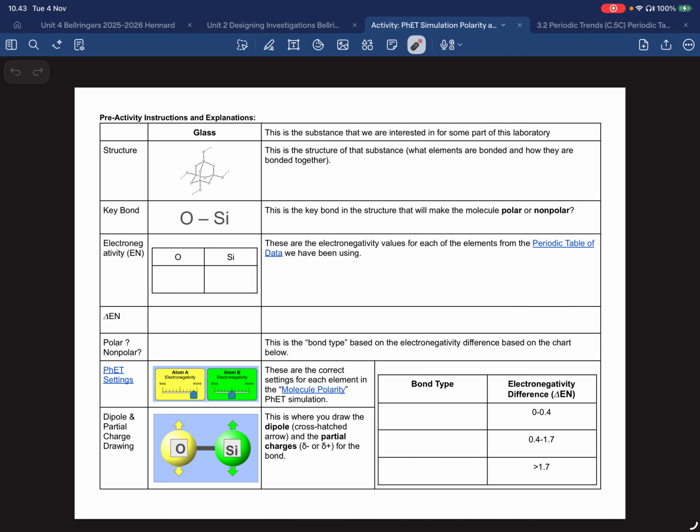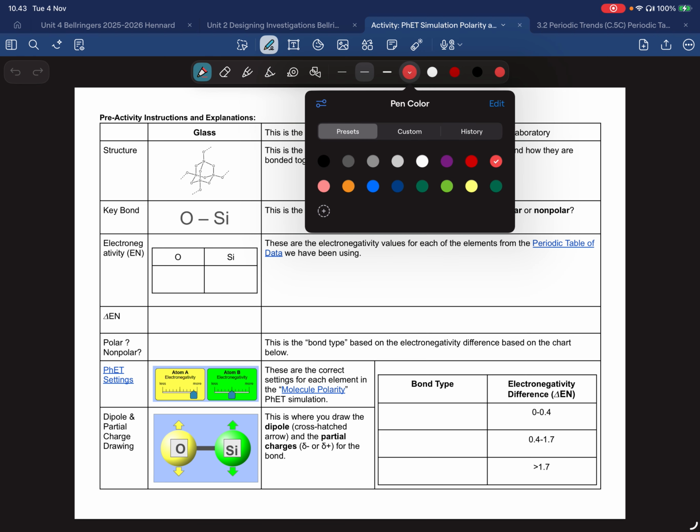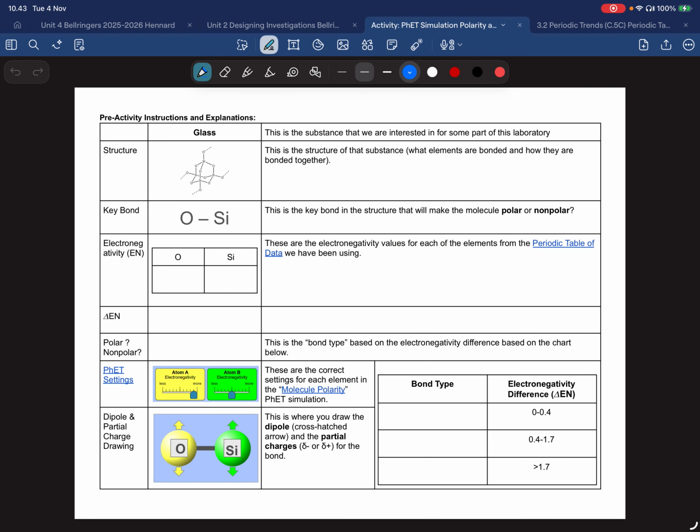All right. So this is all about bonds and polarity, and it's all based on electronegativity. If you recall from our work earlier, electronegativity is the attraction for electrons in a bond.